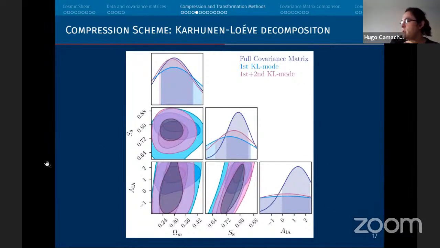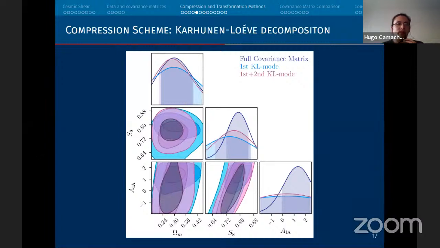It makes sense. Sorry, I'm not that familiar with this work from David. Does he compare with the pixel-based Karhunen-Loève? No. Okay. I can give you the link afterwards, and I can show you the plot I'm talking about. Thanks a lot, that would be really helpful.